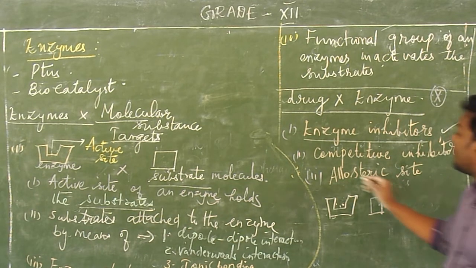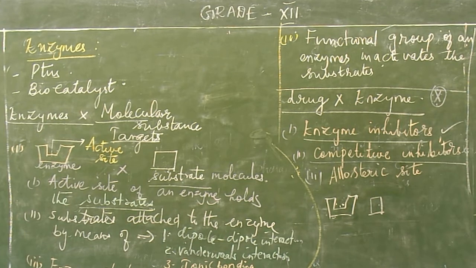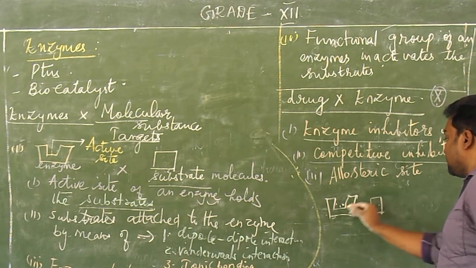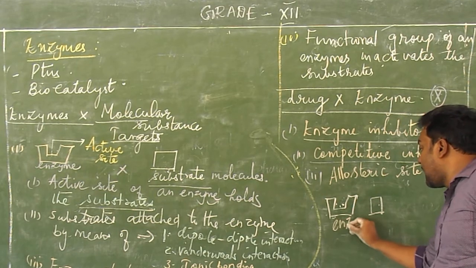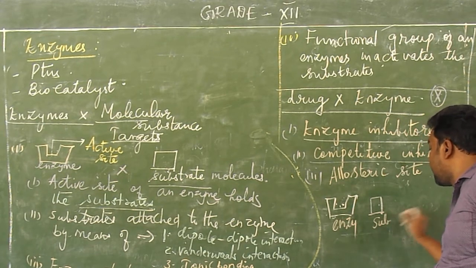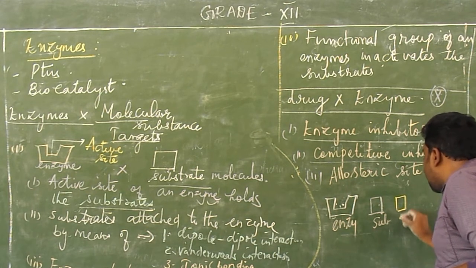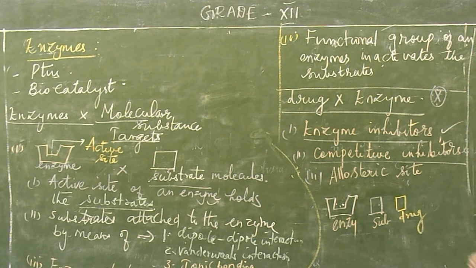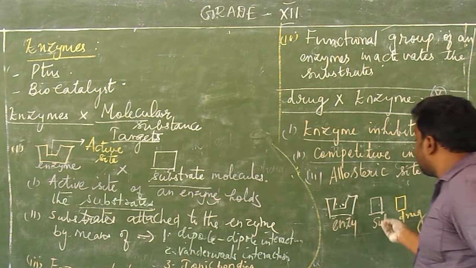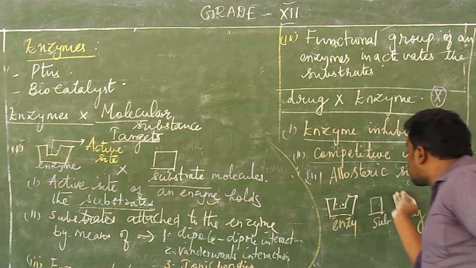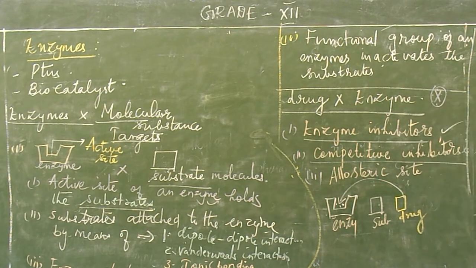That is the first one. Then what is meant by competitive inhibitors? Competitive inhibitors means drugs will be there. So this is the enzyme, this is the substrate, and this is the drug. Before the substrate gets attached to the active site, the drug goes and attaches to the active site of the enzyme.